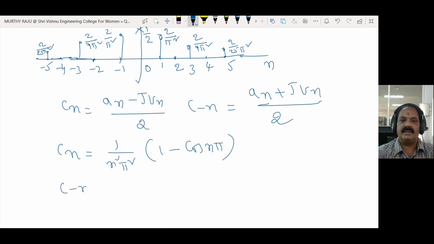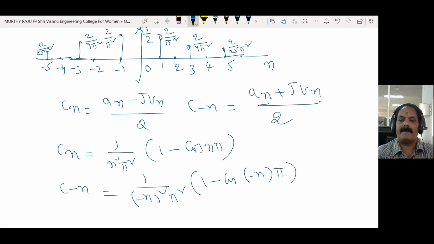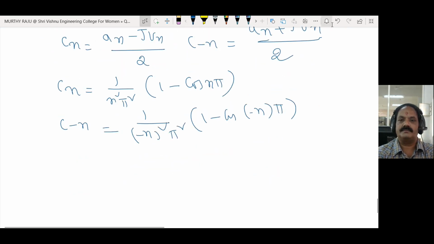C minus n is equal to 1 by pi times minus n whole square, where n is replaced with minus n, 1 minus cos minus n pi. That is equal to 1 by n square pi square, 1 minus cos n pi.